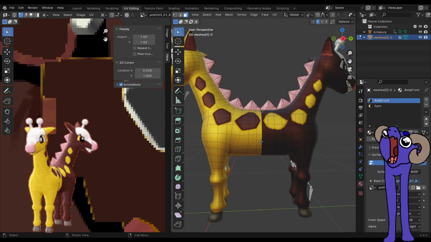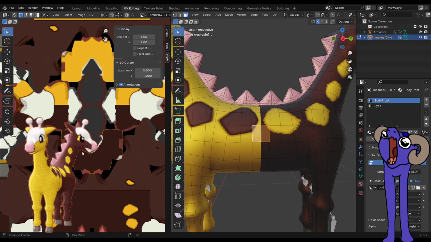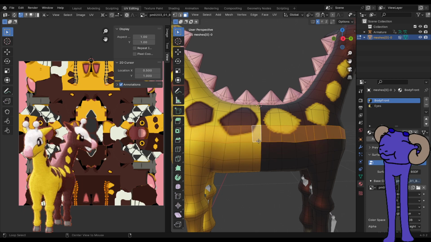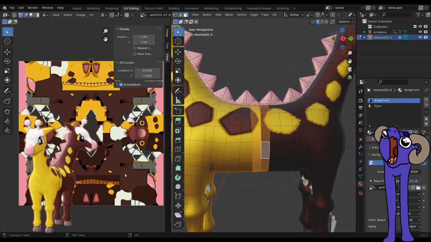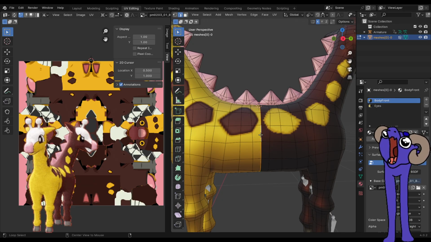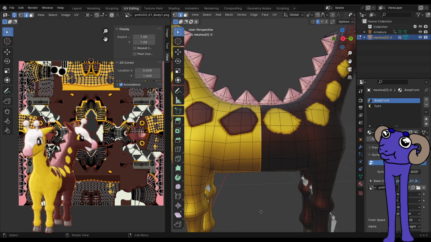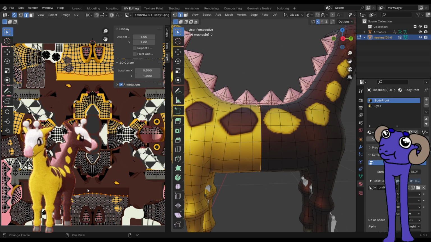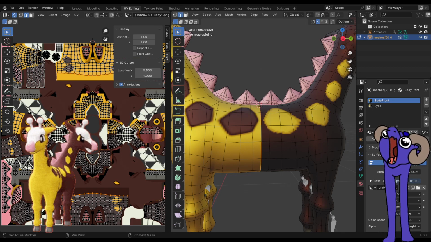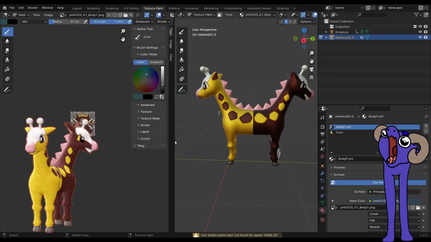I think the last thing I want to do is right on this border. Where is that border? Ah, they're right there. Where is specifically this line? Yeah, okay, that's gonna be a bit tricky, but I think I want to try and feather those out. So what I might do is go to texture painting mode.